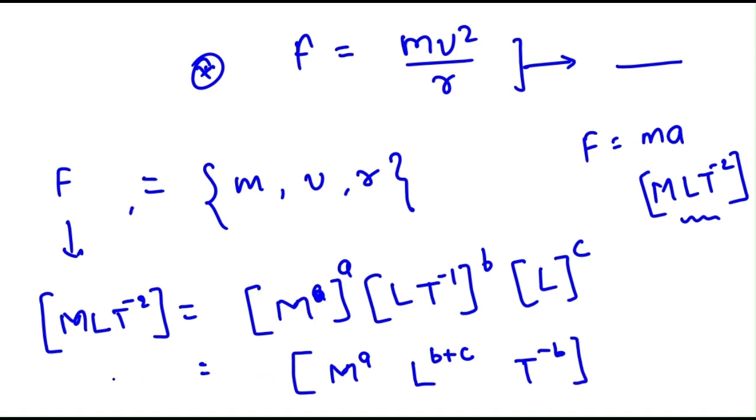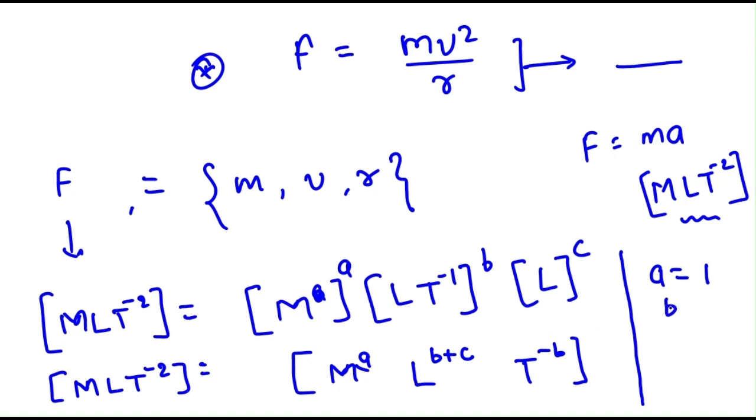And now we can equate the powers of these dimensions on both sides. So what will we get? a is 1. Comparing M to the power a and M to the power 1, a should be 1. Now here T to the power minus 2 and here T to the power minus b.